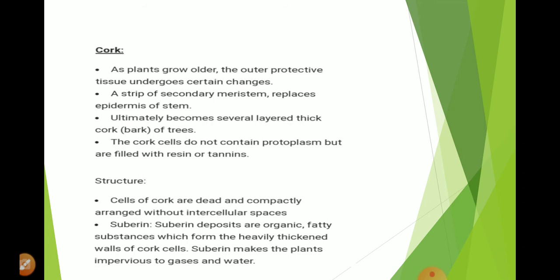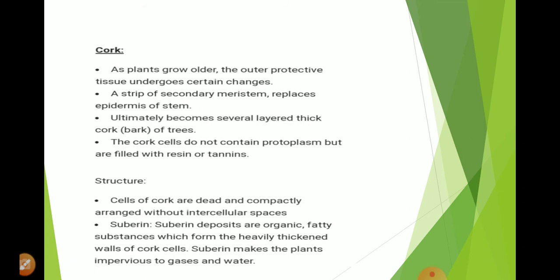In that region, in the cork cell region or in the protective tissue, there is another structure also found apart from the stomata, that we call the lenticels. Lenticels are small pores like stomata, which are present on the stem only, they are not present on the leaf.